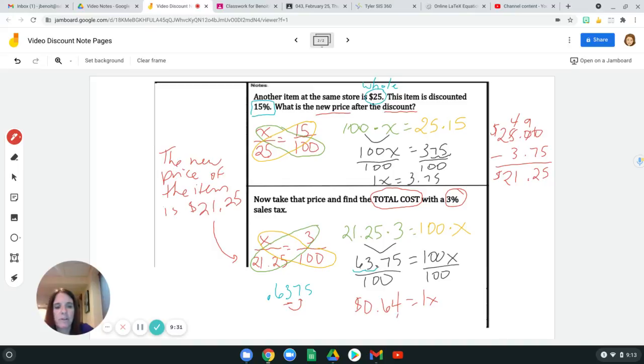All right, so this is our tax. Now let's find the cost. $21.25 plus 64 cents. Remember, tax is adding. Discount, subtract; tax, add. Start at the right, work your way left.